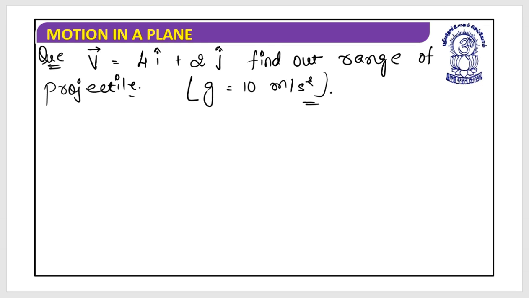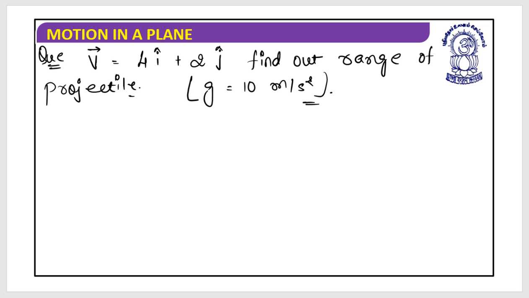So how can you do this? They have provided only this data: V equals 4i plus 2j. No theta, no angle, no velocity, and nothing. So how could I get it? Any idea?